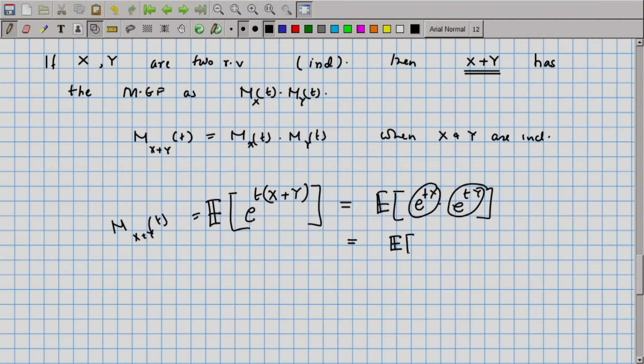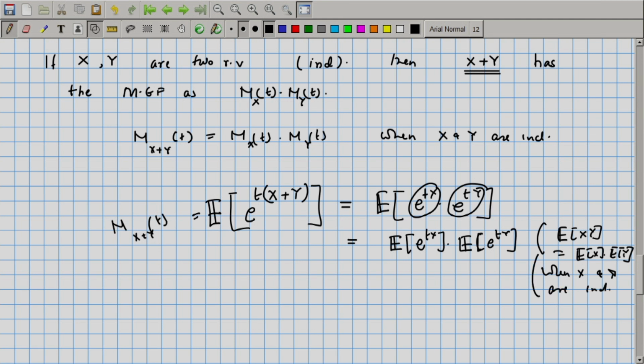So, this will be equal to the expectation of e raised to tX times the expectation of e raised to tY. This is because the expectation of XY is equal to the expectation of X times the expectation of Y when X and Y are independent. Okay. But this quantity is nothing but the moment generating function of X and this quantity is nothing but the moment generating function of Y. So, the moment generating function of X plus Y is just the product of the individual moment generating functions.